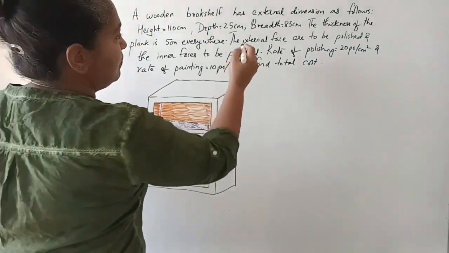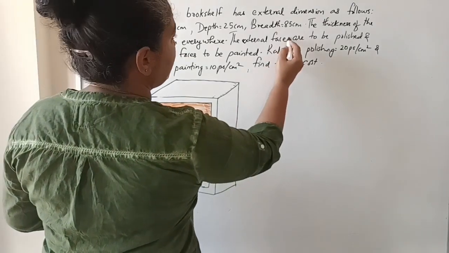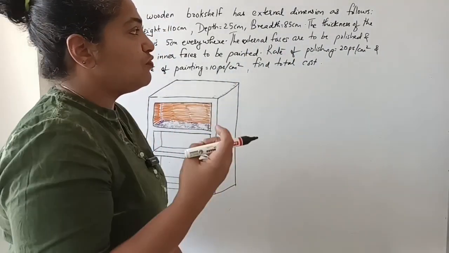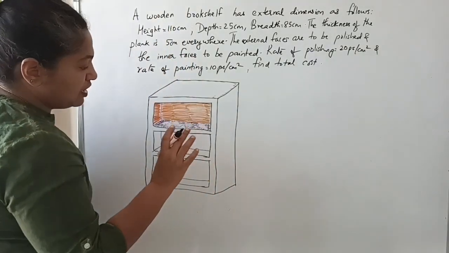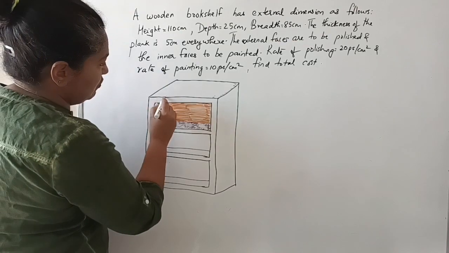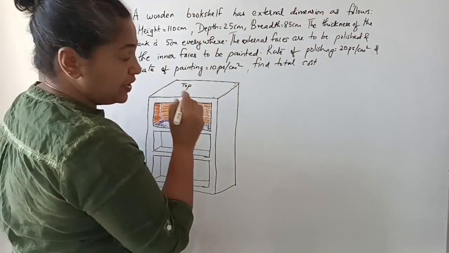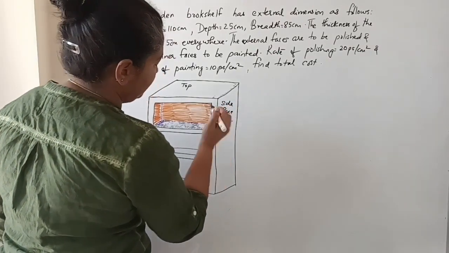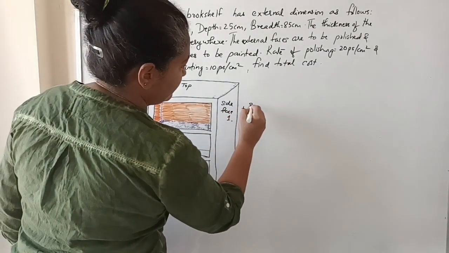So here you know that the external faces are to be polished and the inner faces are to be painted. So let us first find the area of the external face. Now when I am talking about the area of the external face, I know that I have a top face here. Okay. I have a side face here. Similarly, I will have a side face on that side also.